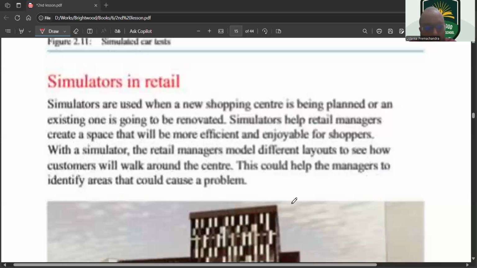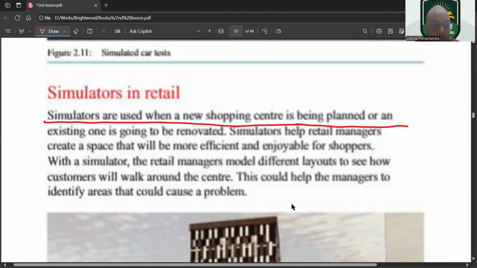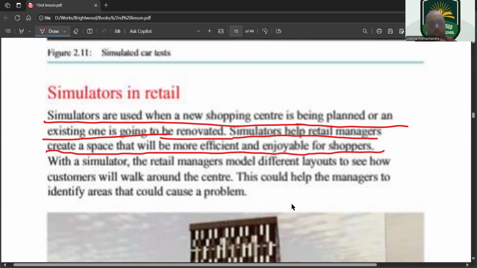In retail management, simulators are used when a new shopping center is being planned, or an existing one is being renovated. Simulators help retail managers create a space that will be efficient and enjoyable for the shoppers.